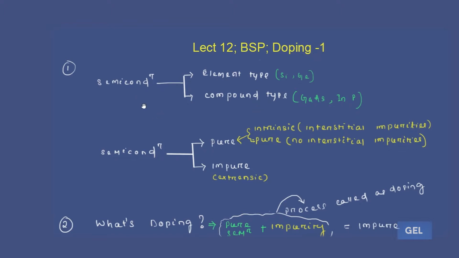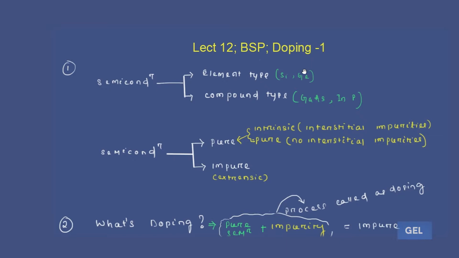As we know, the classification of semiconductor is done in two ways, and we made a separate video for this classification of semiconductor. Let me quickly go through this because everything is related to it. The classification of semiconductor in terms of when two elements combine with each other is of two types: element type semiconductor and compound type semiconductor.